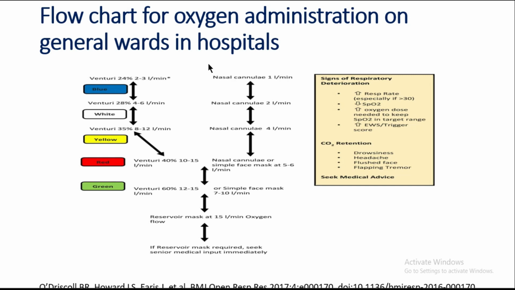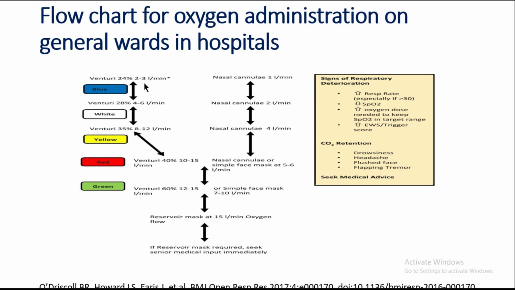You should wait for 5 minutes and assess the patient for signs of respiratory deterioration, such as increasing respiratory rate, decreased oxygen saturation, need for more oxygen, and also early warning signs. And there are some signs of oxygen retention: drowsiness, headache, flushed face, and flapping tremor. Then you have to increase the oxygen dose and also seek medical advice from a senior.